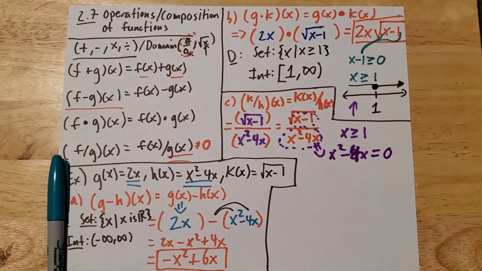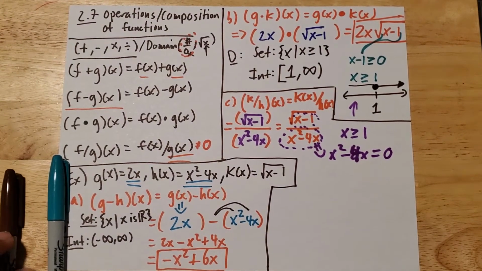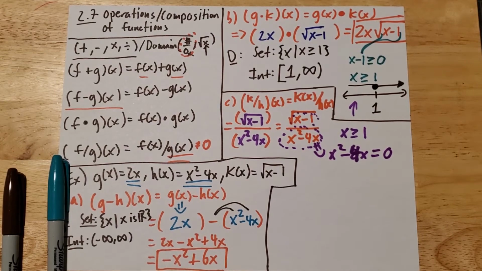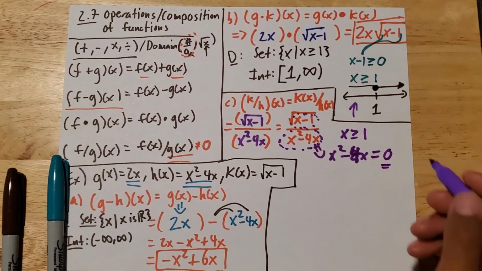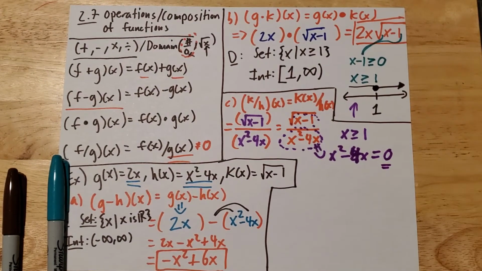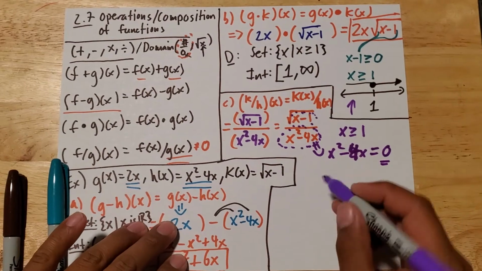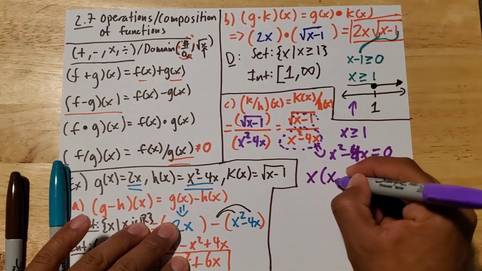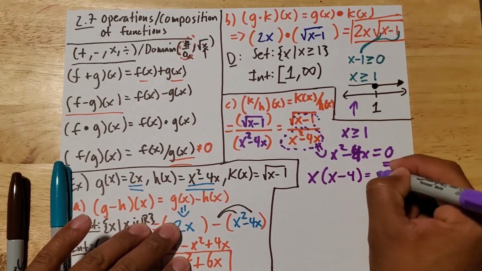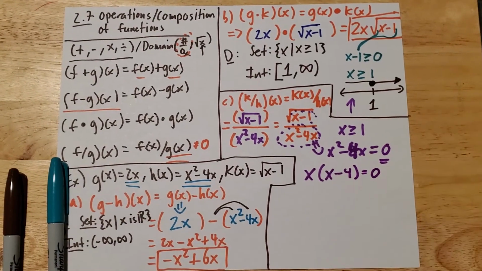Now I'm dealing with this small quadratic equation, which, don't forget, the first thing you always want to do when you have a power greater than 1 is move everything over to one side, which we have already. But now I have to try to factor the left-hand side completely. The first type of factoring we ever did was GCF. So I notice there's a GCF of x, which will leave me with x times x minus 4 equal to 0.